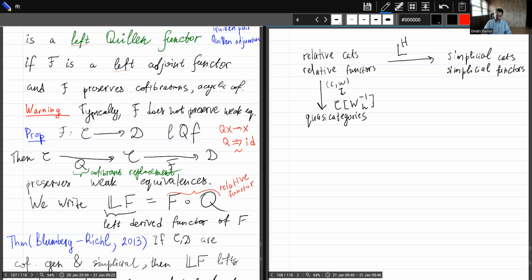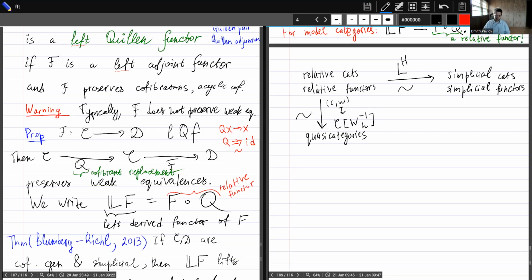Yeah, and there are other equivalent models, but the point is that all those descriptions are equivalent, so a relative functor is precisely what you need to get one of the equivalent models for infinity one categories. So all of these model infinity one categories. And later we'll see even more models such as Segal categories, complete Segal spaces, and so on. So that's the intuition behind a relative functor.